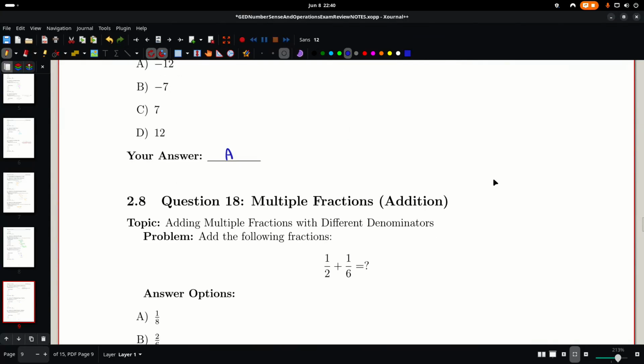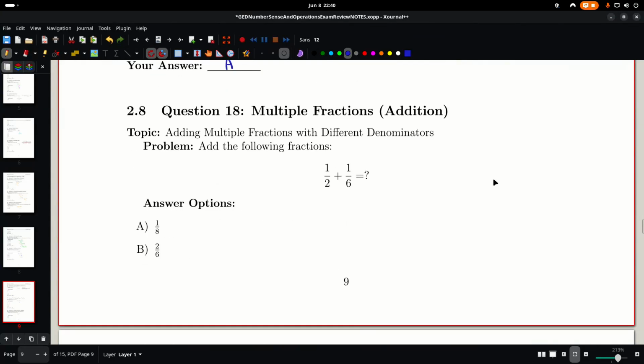Question 18, multiple fractions addition. Adding multiple fractions with different denominators, so we've seen something like this before. So the common denominator here, we could just multiply 2 and 6, but 2 goes into 6. So what I could do is just multiply 1/2 by 3 over 3, because that'll change the denominator for 1/2 to something over 6.